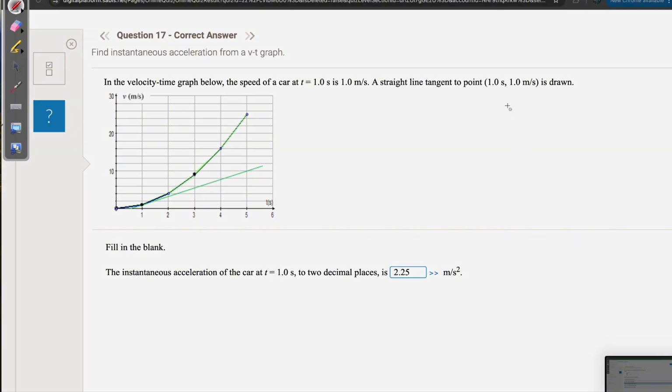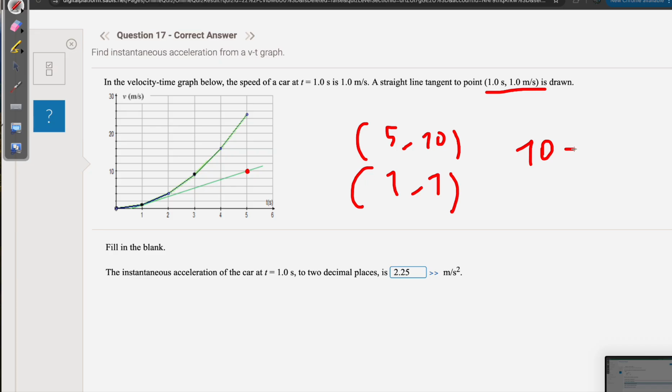That's it. Here they already gave us one of the points, (1, 1). And now we need another point. Let's take (5, 10). So we're gonna do, again, the slope: 10 minus 1 over 5 minus 1, which is 9 over 4, which is equal to 2.25.